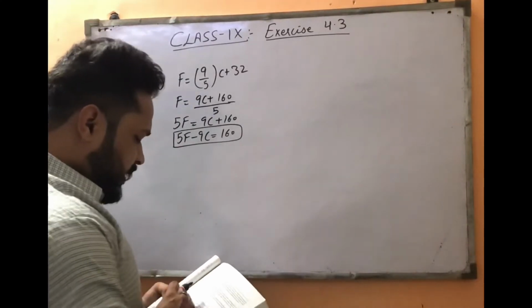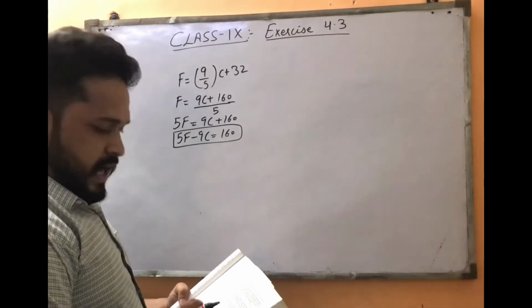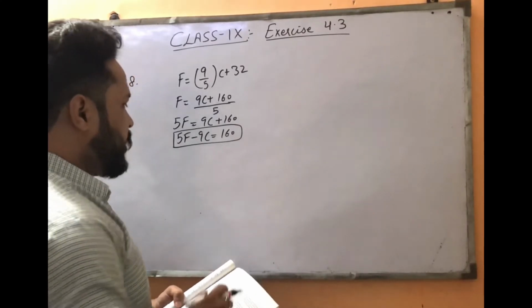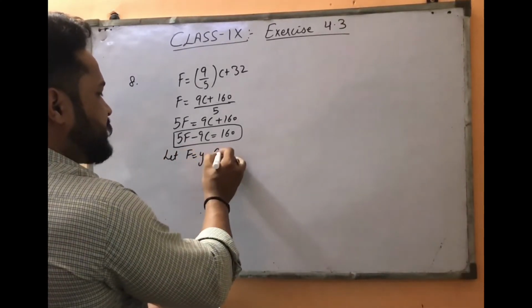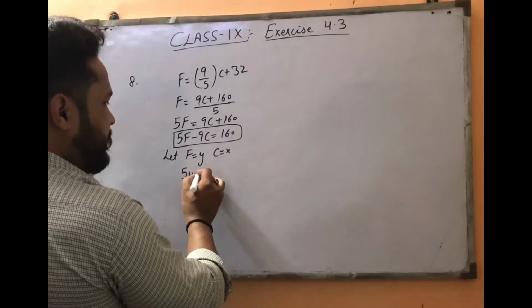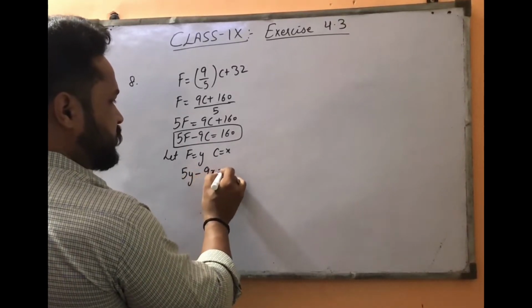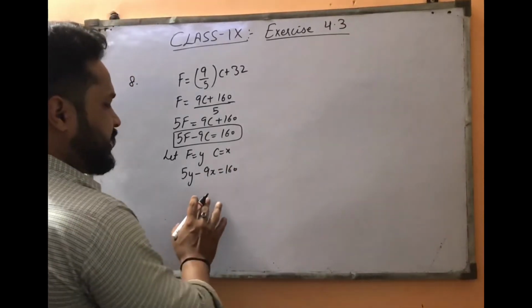तो फर्स्ट ड्रॉ द ग्राफ ऑफ द लीनियर इक्वेशन above using Celsius as x and Fahrenheit as y. So let F equal y and C equal x. So the equation is 5y minus 9x equals 160, and then we can draw the graph.